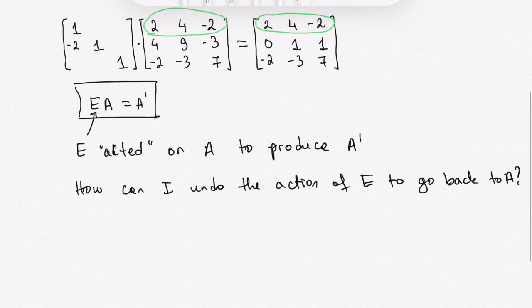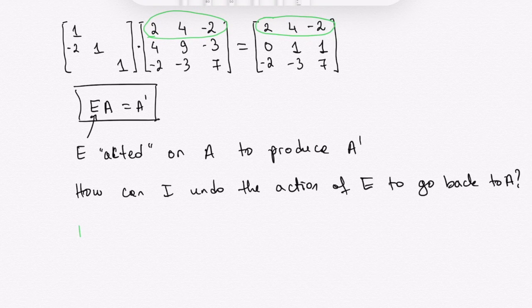So the inverse of this operation R2 minus 2R1 into R2 is R2 plus 2R1 into R2.